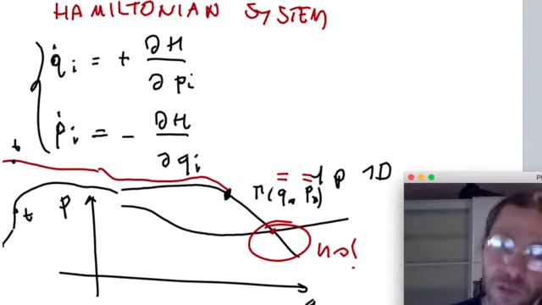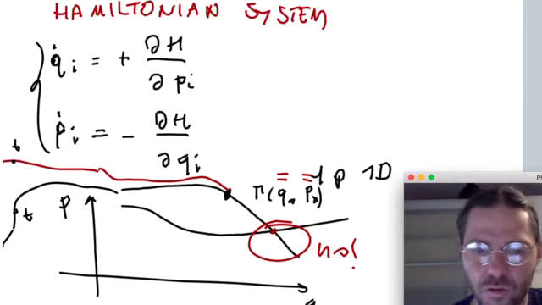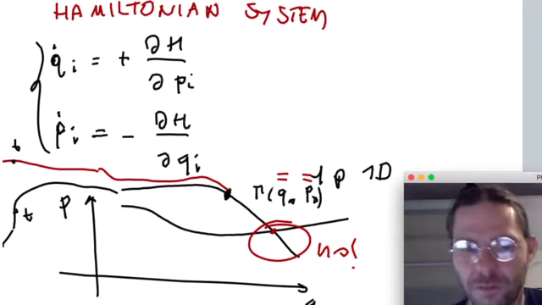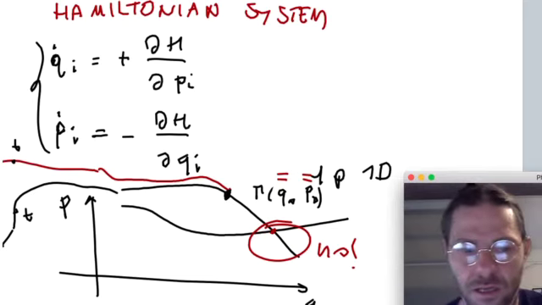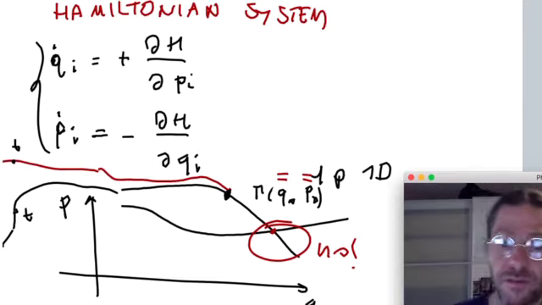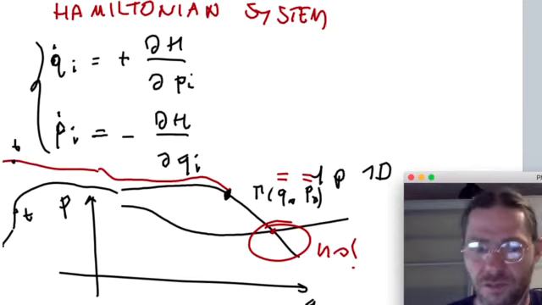Okay, but we know also from the first lectures in this course that no experiment will ever have the resolution to define the point in phase space, because defining a point in phase space requires infinite accuracy. Okay? Defining a point in phase space requires infinite accuracy, and no experiment can claim an infinite resolution.